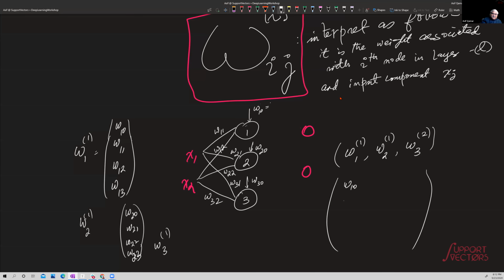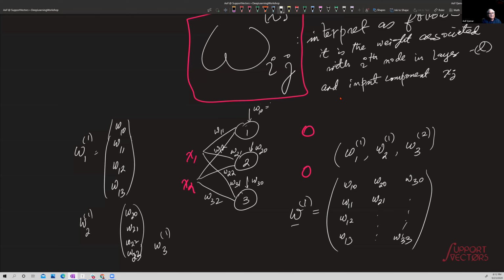W10, W11, W12, W13, W20, W21, and we can fill it in, W30 all the way to W33. Do you see this, guys? And this is still in the first layer. You could say that the matrix of weights for the first layer looks like this.